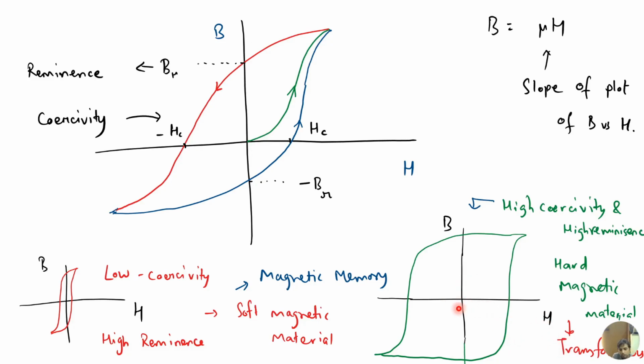There the H field will be changing very frequently, but you don't want your B to change that fast in transformers. So there we have to use hard magnetic materials. But in memory systems, magnetic memories, we need to use soft magnetic material, because with a small amount of current we want to change the magnetic state.